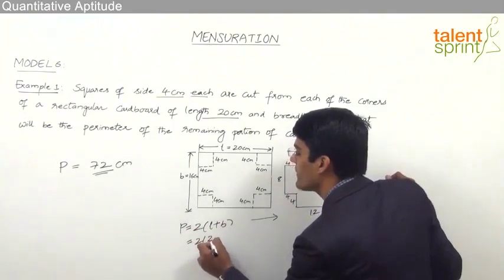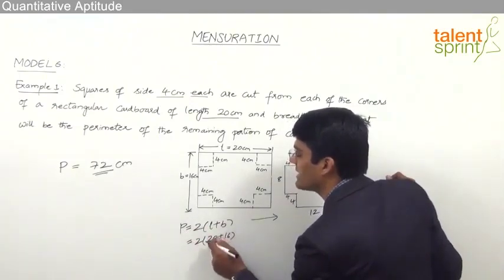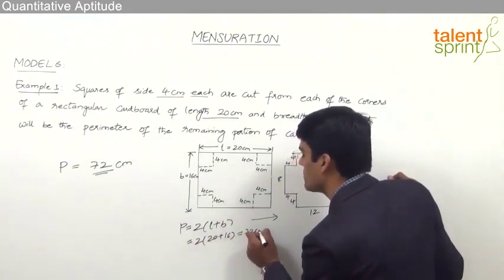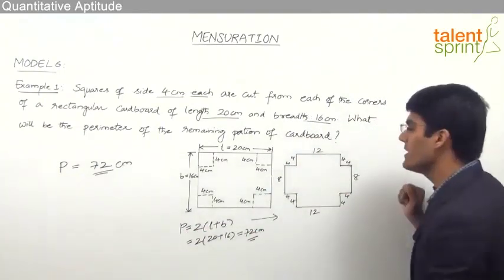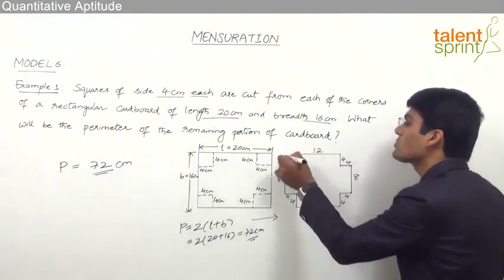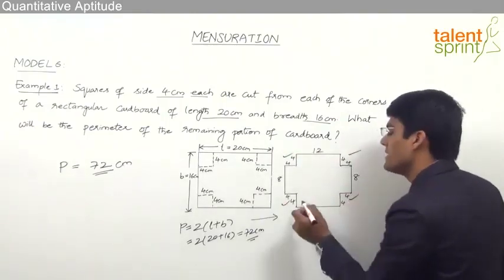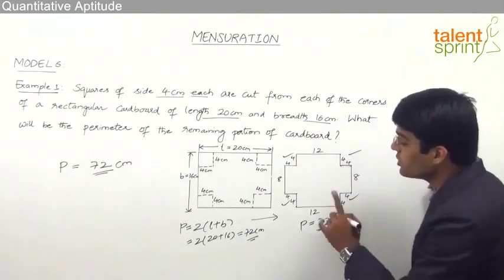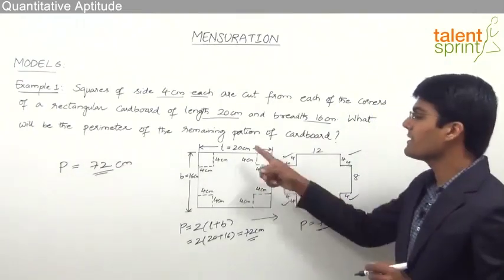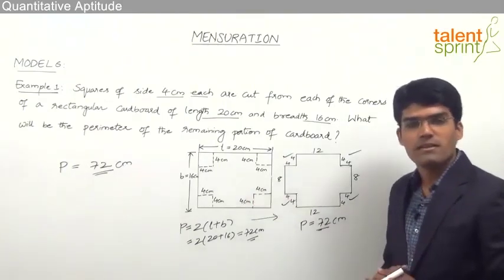So 2 into (20 plus 16), that is 36 into 2, will give us 72 centimeters. So you find that the original rectangular cardboard perimeter is 72 centimeters. After cutting 4 squares from each of the corners, the perimeter again remains 72 centimeters itself. That means there is no change in the perimeter even after cutting out 4 squares from each of the corners.